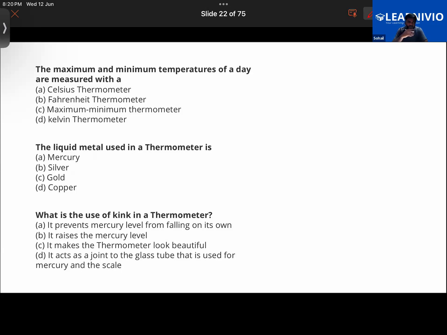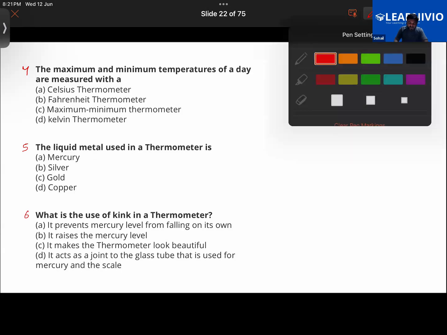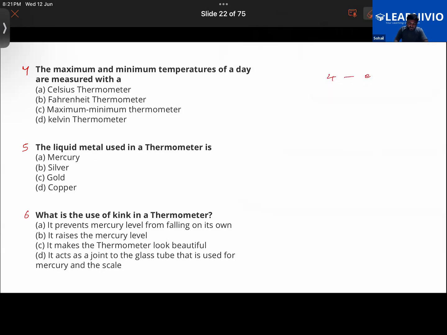Answer these questions also. Just write the option number. Like question number 4, if the answer is option E, let's say if there were to be option E, just write the answer in this manner. No need to type the whole sentence or word.